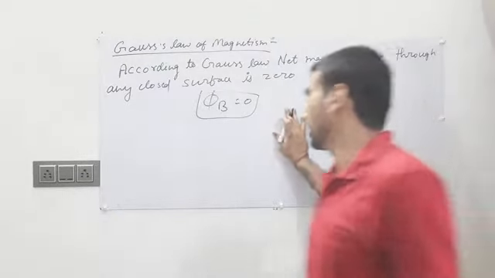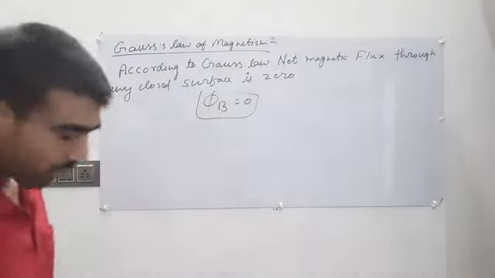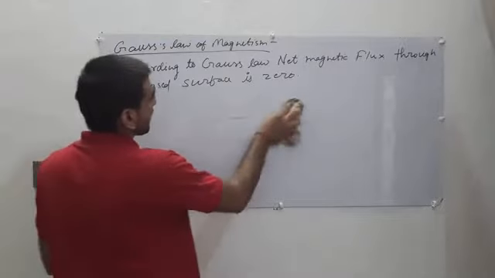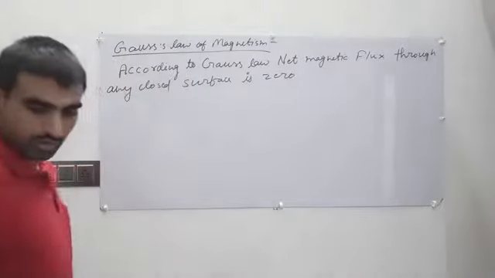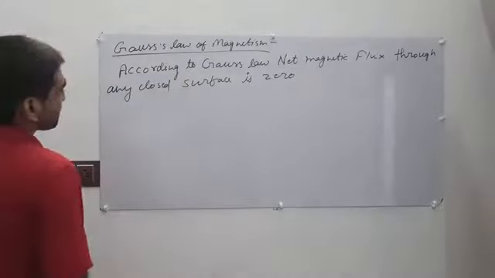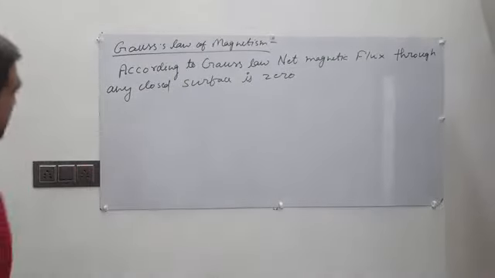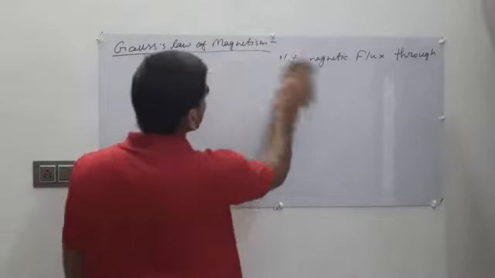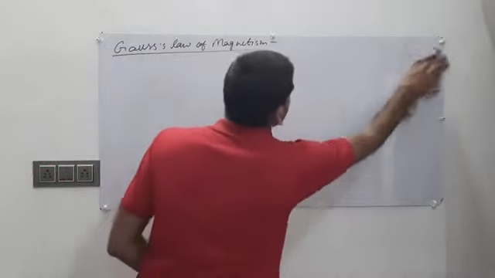To derive this Gauss law, we draw a magnetic field and a surface to represent this in a mathematical way.